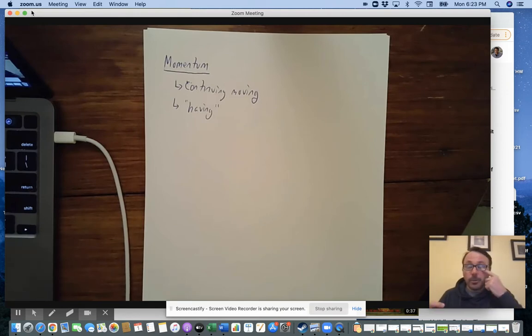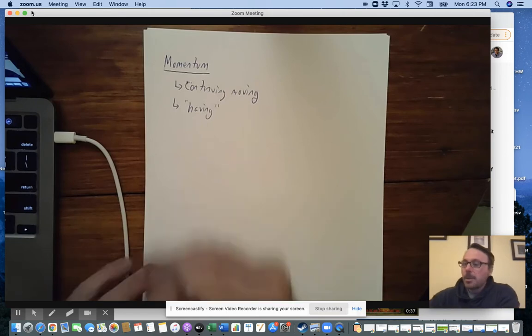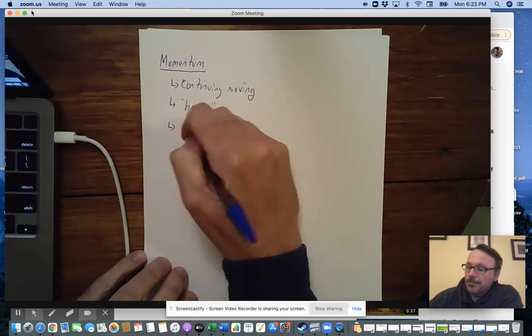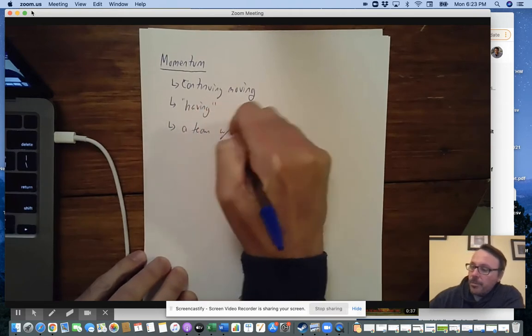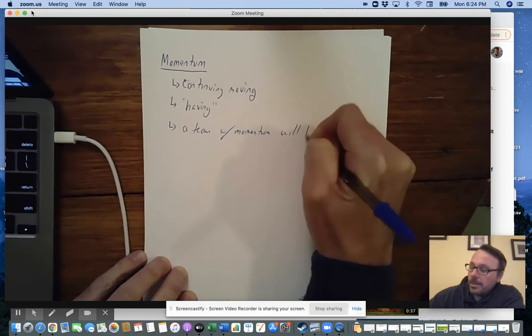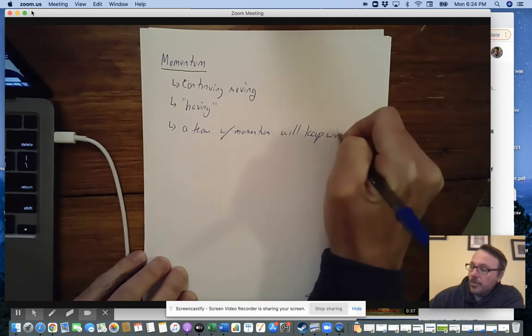Maybe you went into sports analogies, because there's some really good sports analogies to use when talking about the concept of momentum. When we say a team has momentum, what do we mean by that? Well, hopefully you start thinking about something along the lines of a team with momentum will keep winning, right?